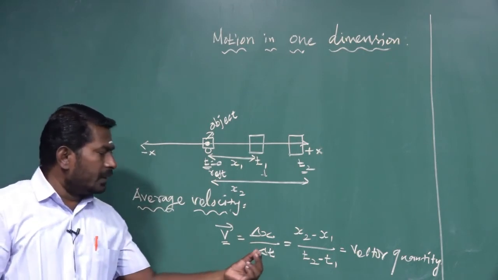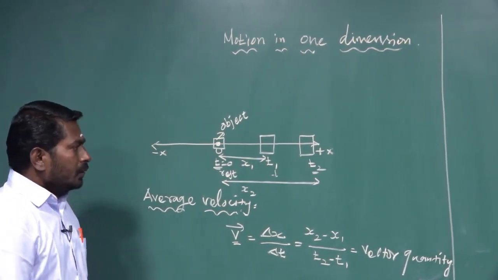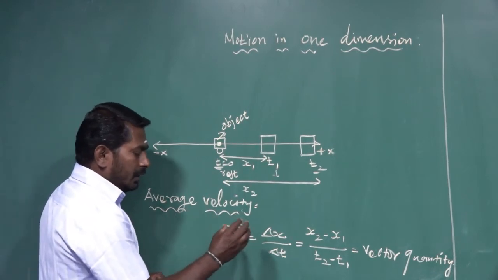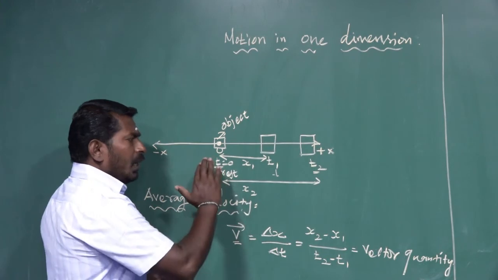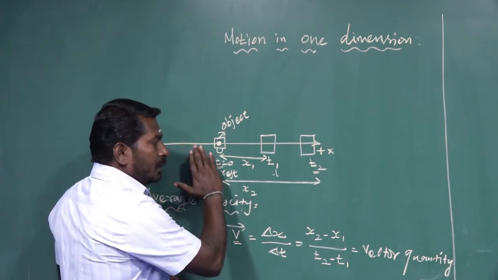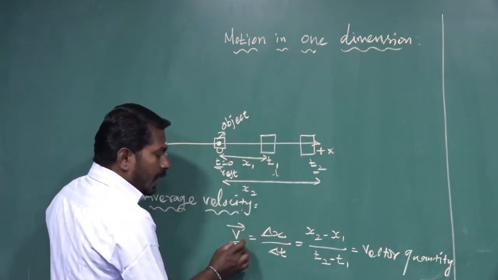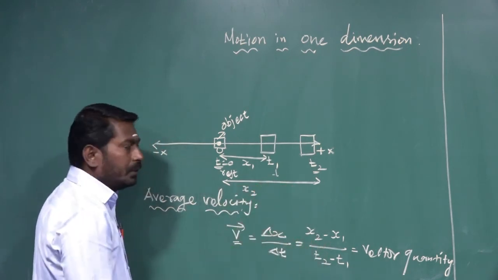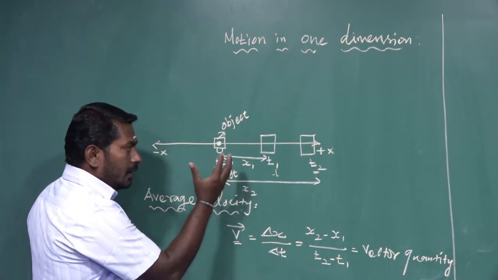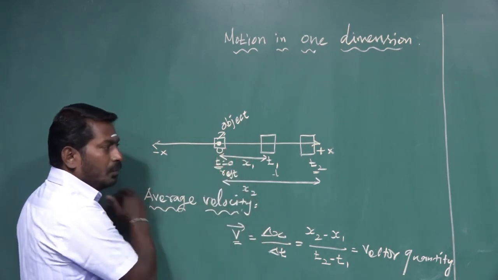So, average velocity is a vector quantity, having both magnitude and direction. If the change in displacement is positive, the average velocity is in the positive direction. If the change in displacement is negative, our average velocity is in the opposite direction.